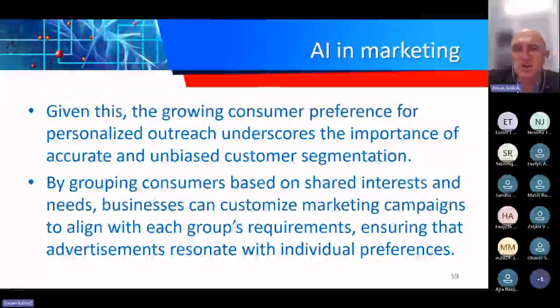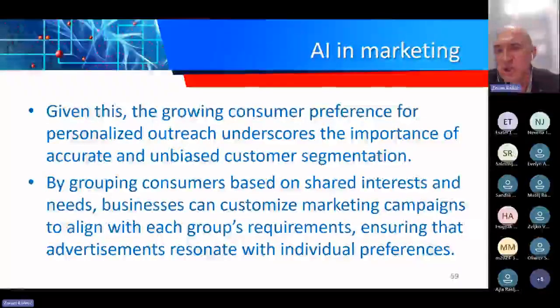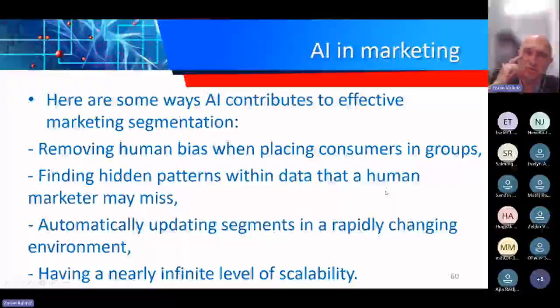So if we group them by same interests, then, as I already told you, we can customize campaigns, and each ad would be in line with the expectations and the interests of one group. So the chances would be much higher to reach the goal.